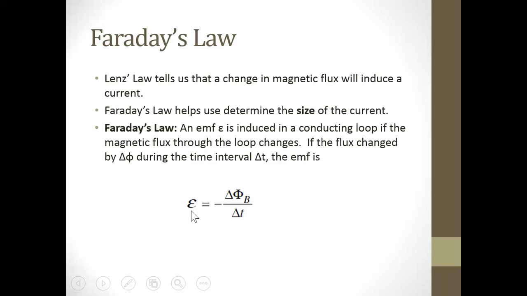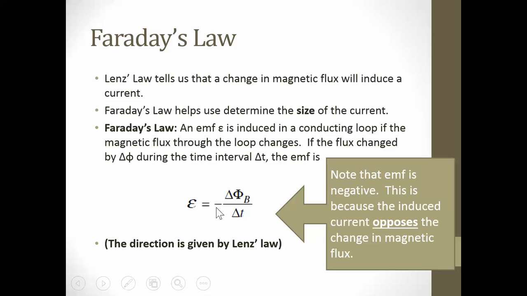It says the induced EMF, which is what we've also used in a battery as a change in potential, equals negative times the change in magnetic flux over the change in time. And the direction of the EMF, or the direction of the current, is given by Lenz's law.